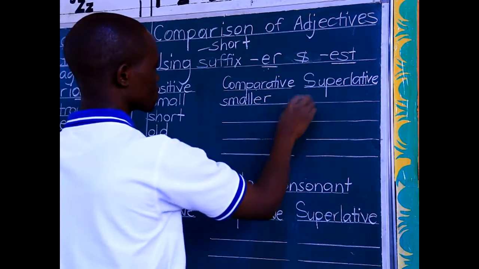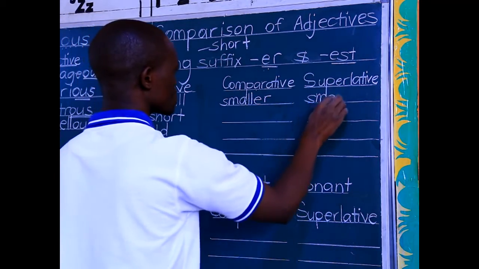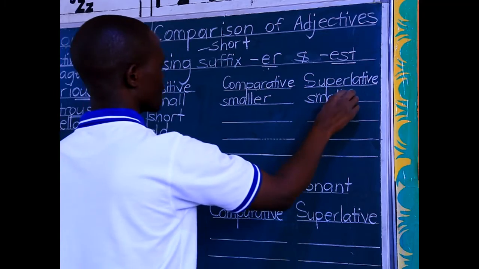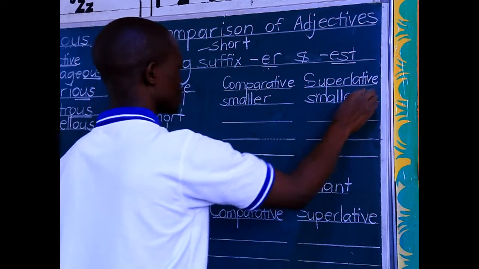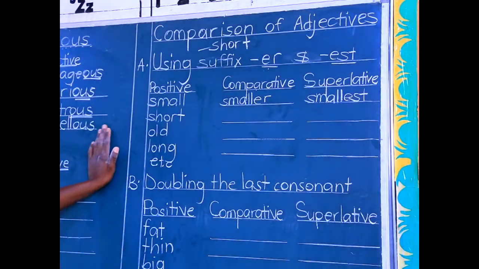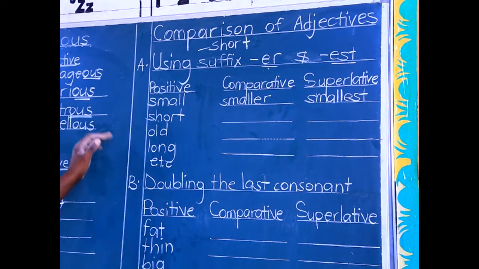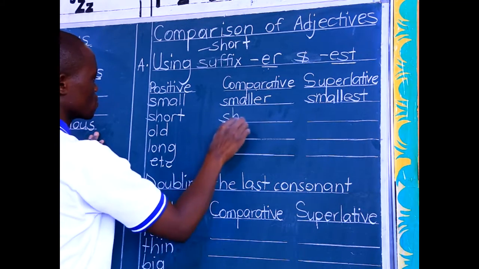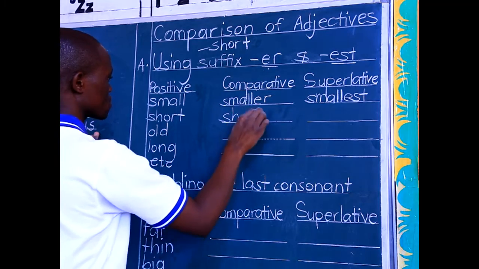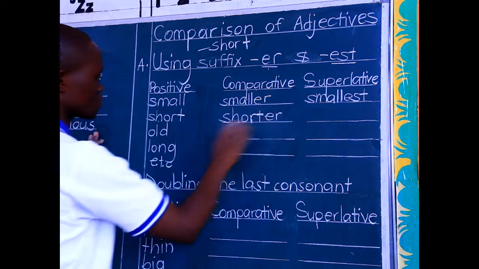Then add est to small, the root word or the positive degree. Add est, and there we have formed the superlative degree of small. Next we have short, which changes to short plus er, and that is shorter.